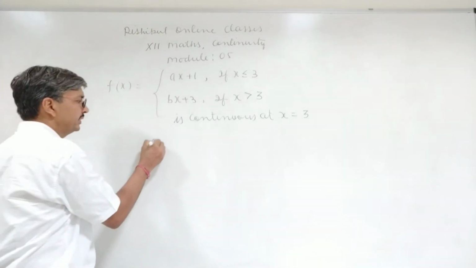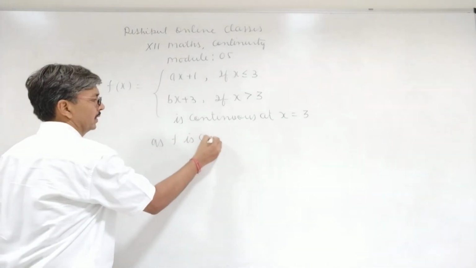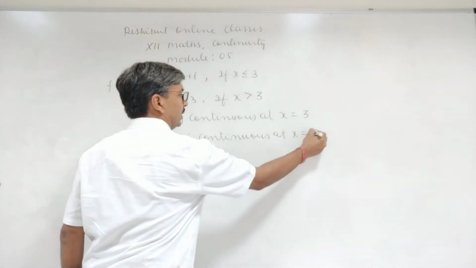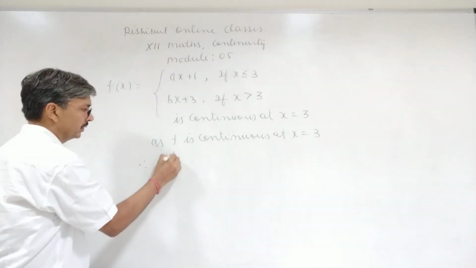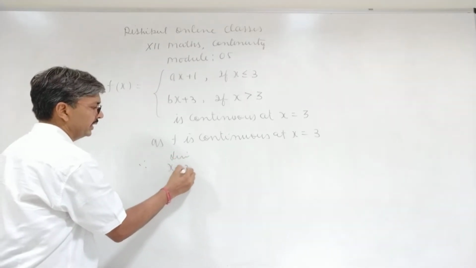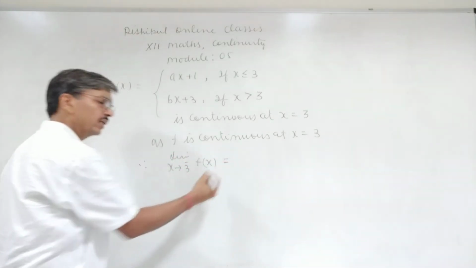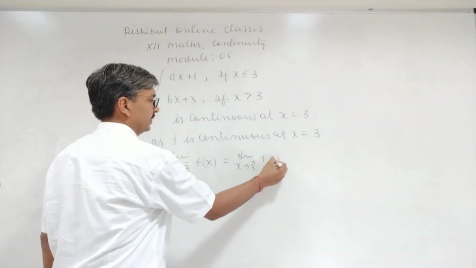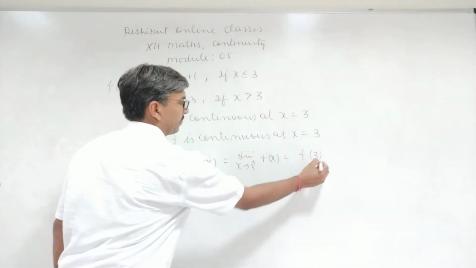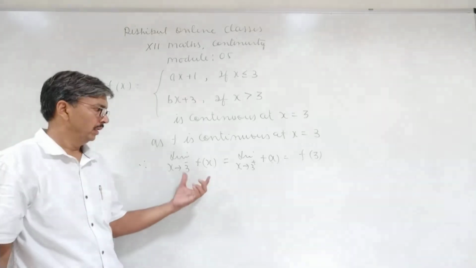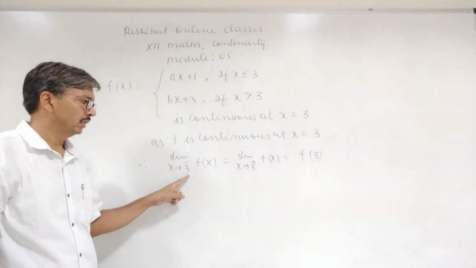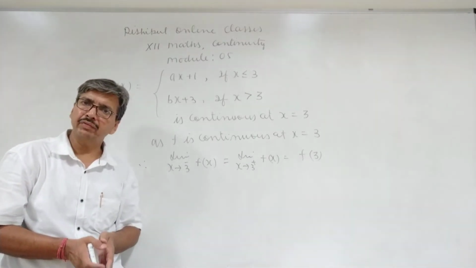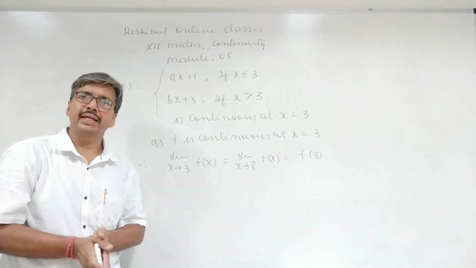So as f is continuous at x equal to 3, therefore limit x tends to 3 minus f(x) will be equal to limit x tends to 3 plus f(x) equal to f(3). From here we will find out the left limit and right limit and we will put them equal, and then we will find out the relation between a and b.